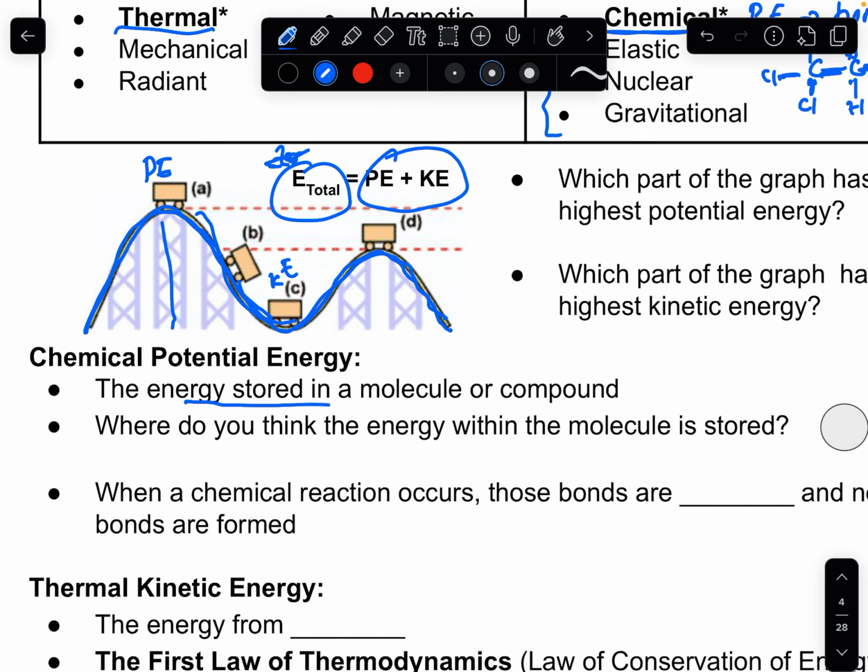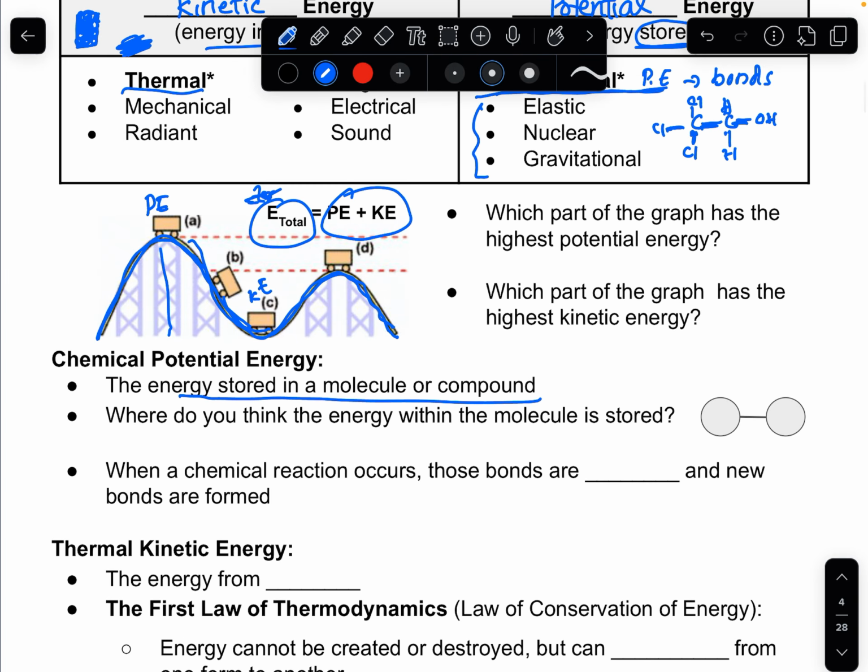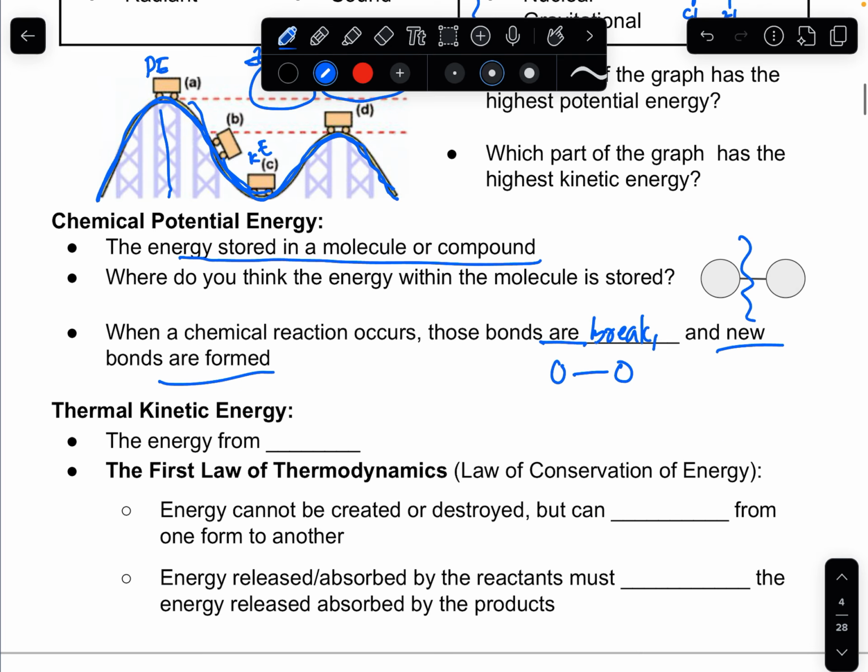Okay, already we said potential energy is a stored energy in bonds. So when a reaction happens, these bonds may break or reform and form new bonds, so bond breaking needs energy, and bond formation releases energy, so there will be an energy change.